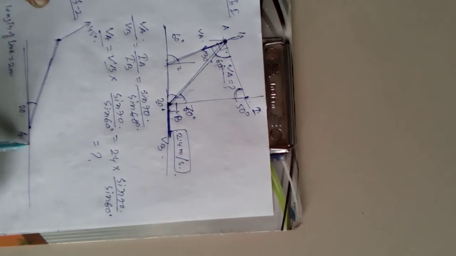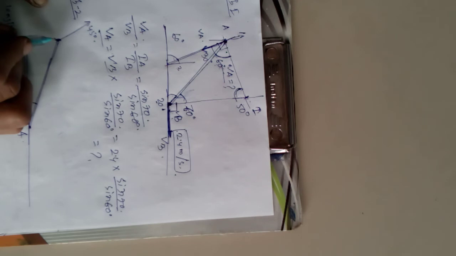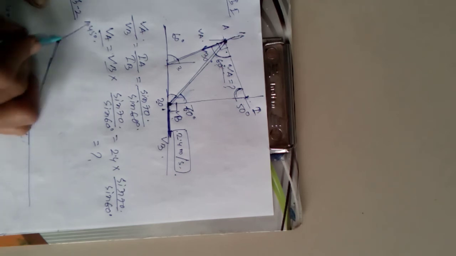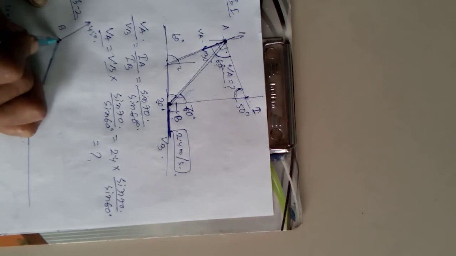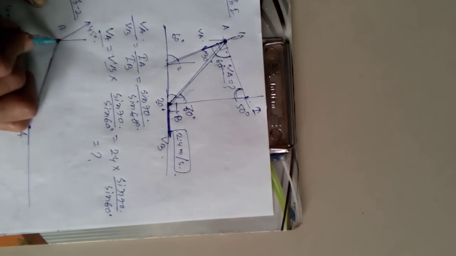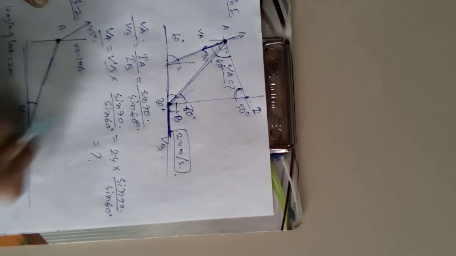And the magnitude and direction of the velocity VB is given. The direction of point B is given, and velocity VB is 1 meter per second.